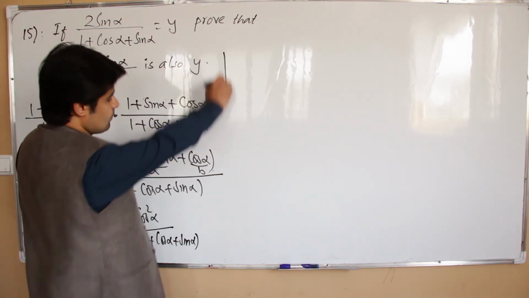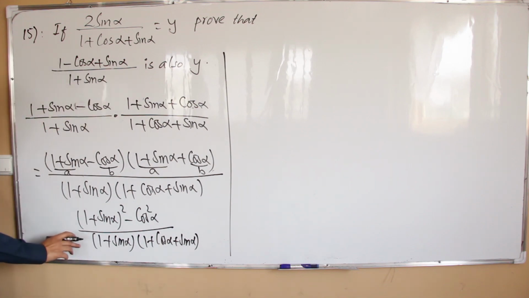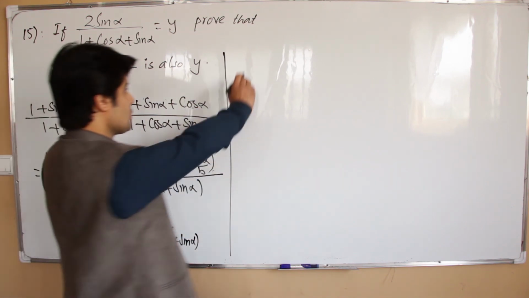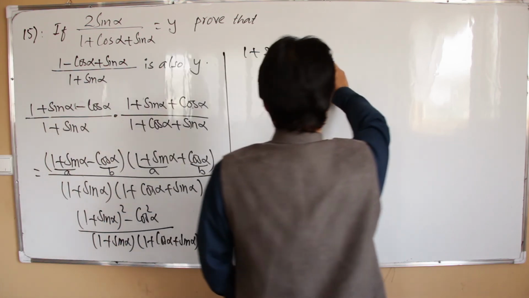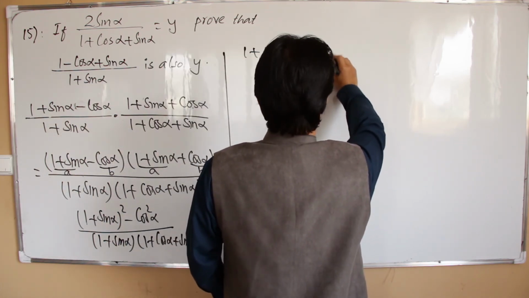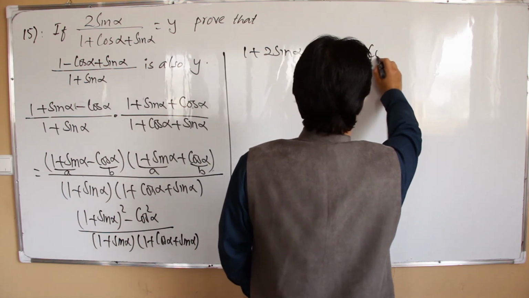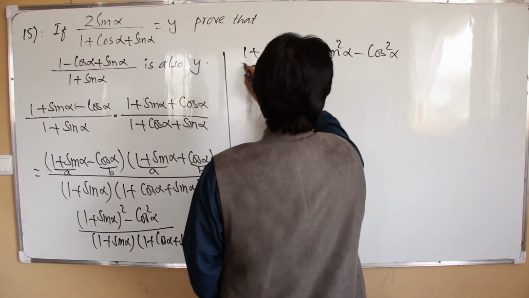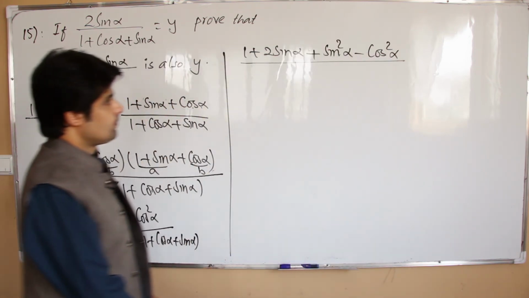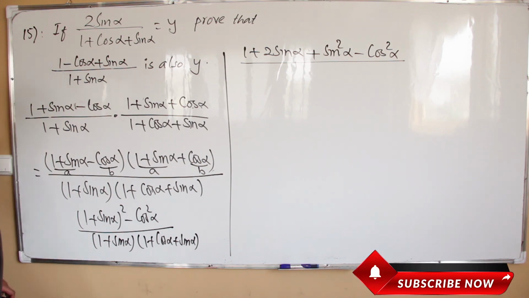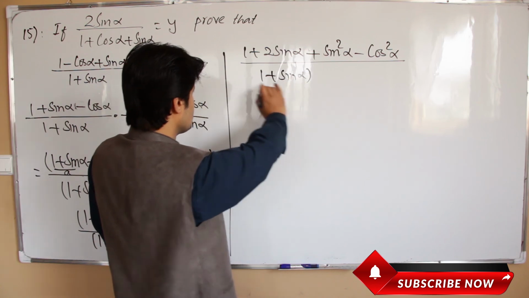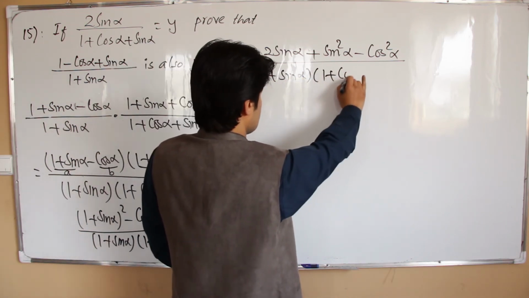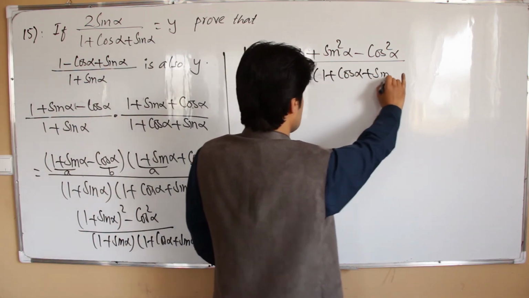Now if I expand this one, it would be 1 plus 2 sine alpha plus sine square of alpha minus cosine square of alpha, divided by 1 plus sine alpha, 1 plus cosine alpha plus sine alpha.